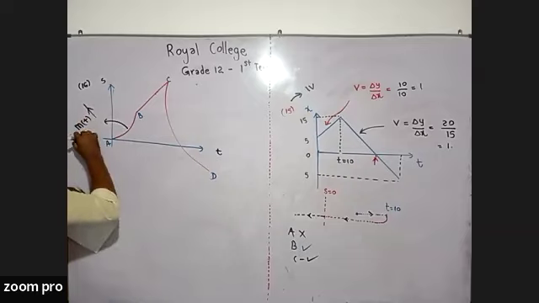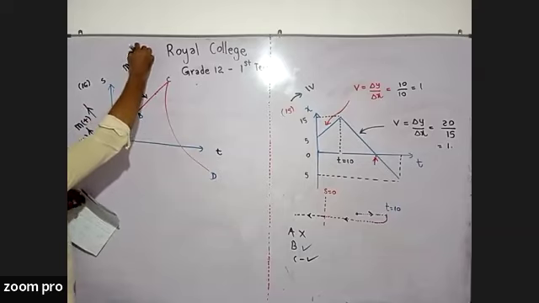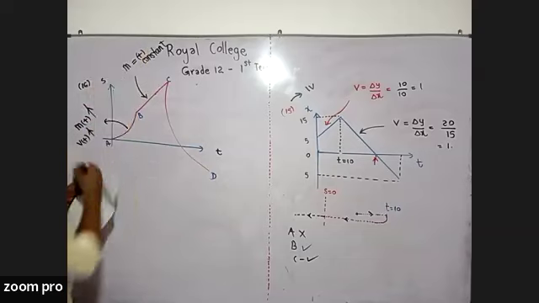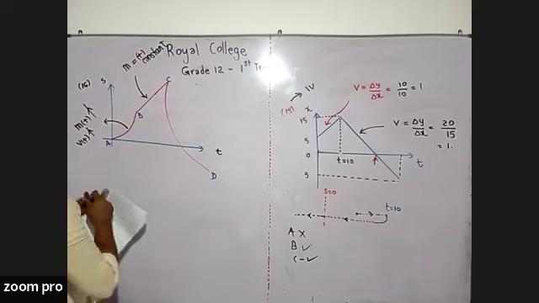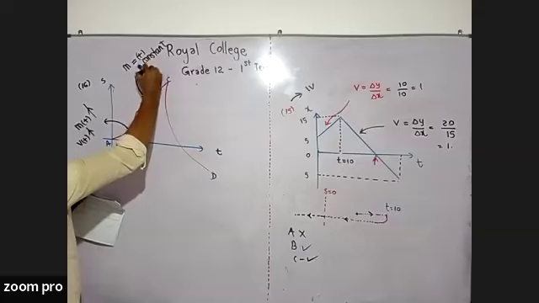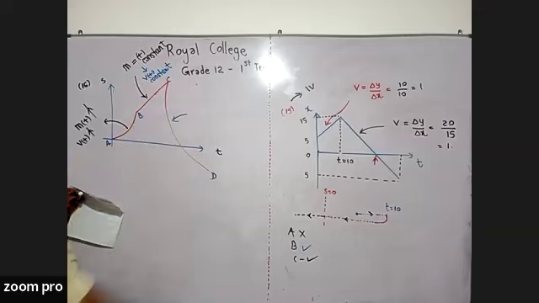That means the velocity is positively increasing. The gradient of the BC part is positive, but it's constant. So if the gradient of the displacement time graph is constant, then the velocity should be positive and constant.